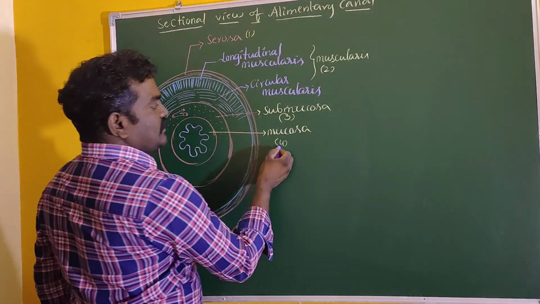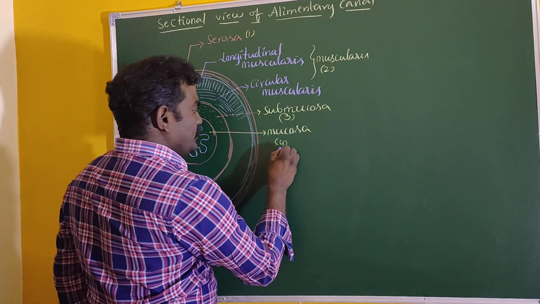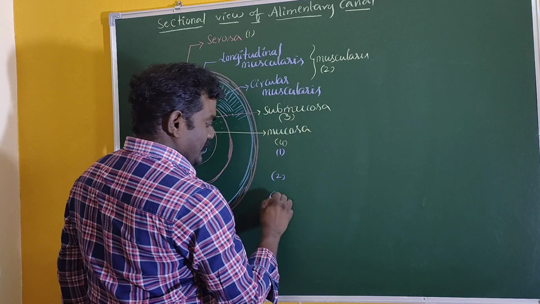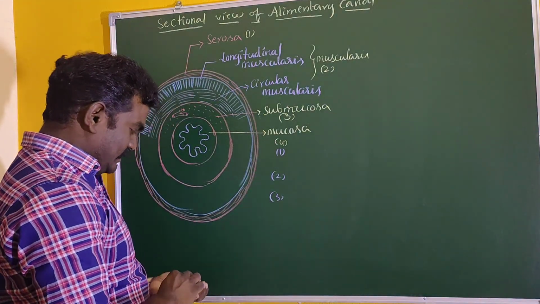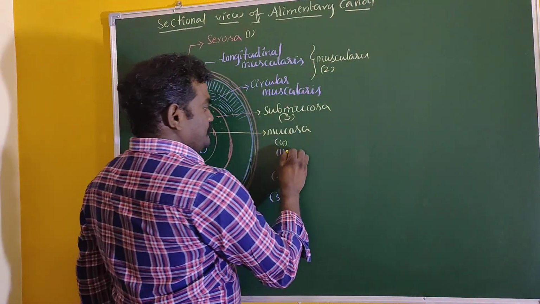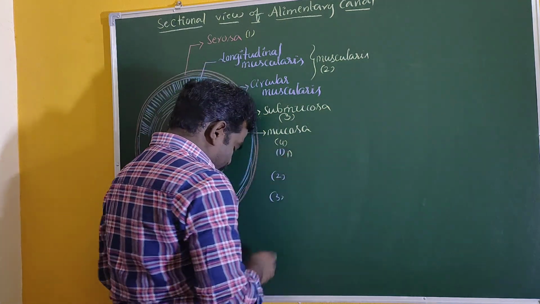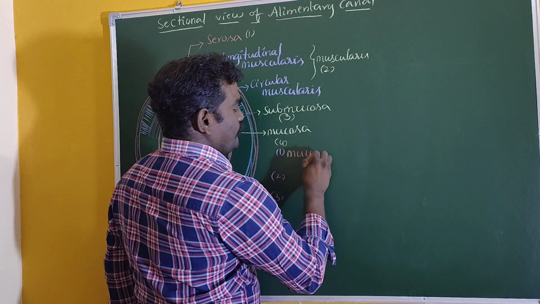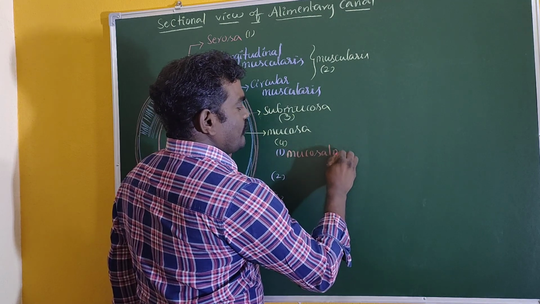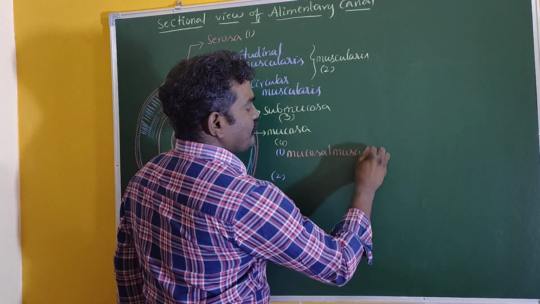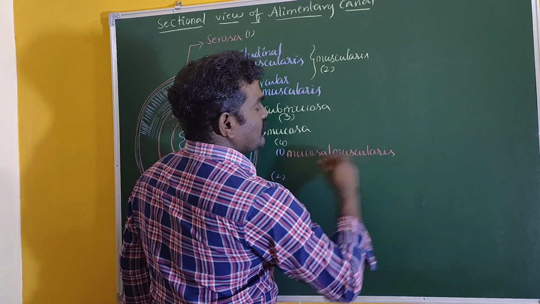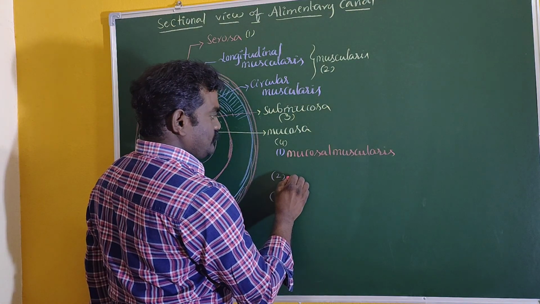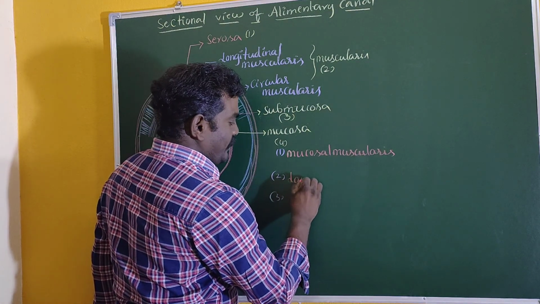In this mucosa, there are 3 more layers noticed. What are they? First layer is mucosal muscularis. Secondly, lamina propria.